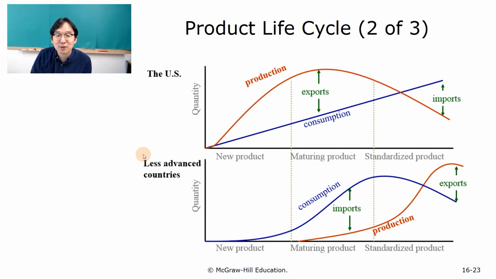Product life cycle, you see it in the US and then in less advanced countries in that product, right? You experience the upward going in the life cycle of your product first, and then the consumption goes, right? And then this is a time when you export it, and then belatedly other countries follow, and by that time your country's demand or production will go down, right?